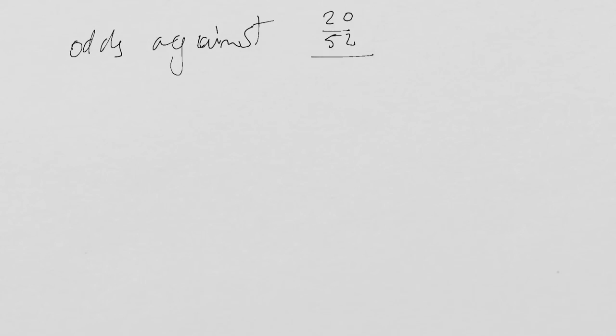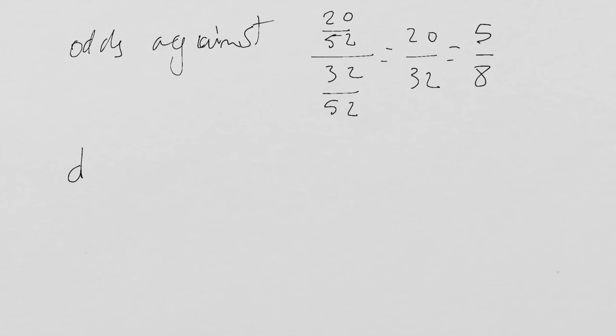And now the odds against are going to be 20 over 52 divided by 32 over 52. At the end of the day, I end up with 20 over 32. If I simplify by dividing by 4 top and bottom, I end up with 5 over 8. Now I can define the odds in favor, and it's going to be 8 over 5.